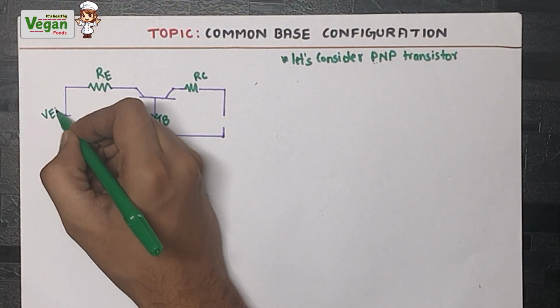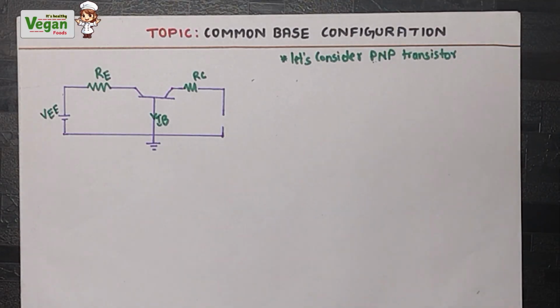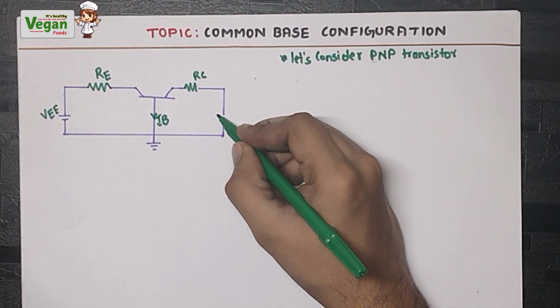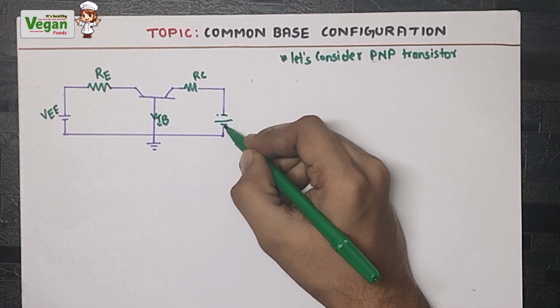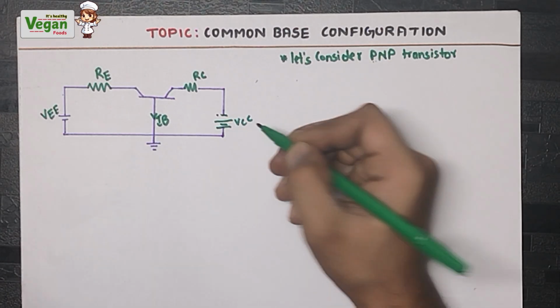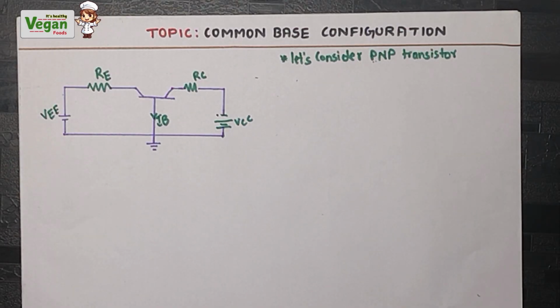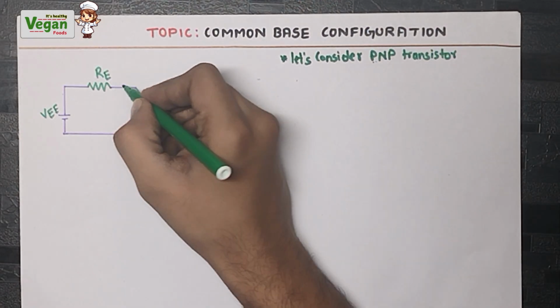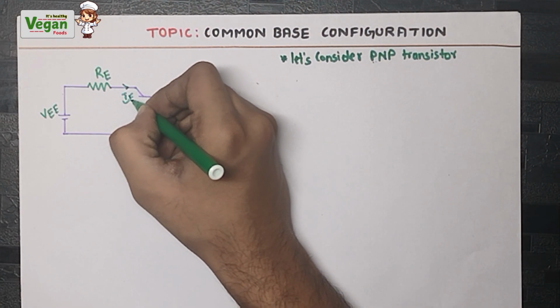So VEE, what is VEE? It is the emitter voltage. Next here VCC. What is VCC? VCC is the voltage across the collector configuration. Next, here comes the current IE. What is IE?